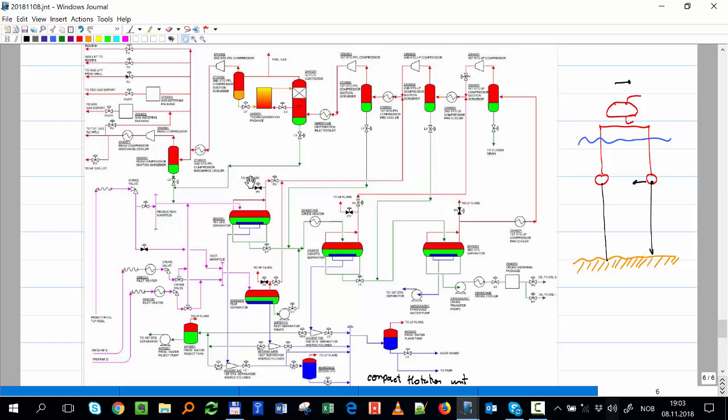The flare on the platform is usually far away, this thing sticking out. You have seen it, right? Usually you have a long boom sticking out, and sometimes it's on. So when I have an undesired event, it just sends to the flare.